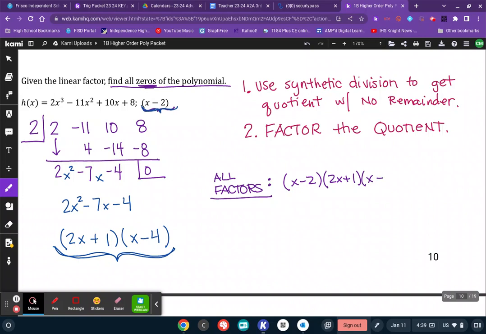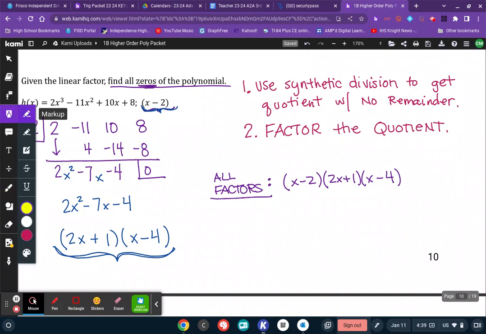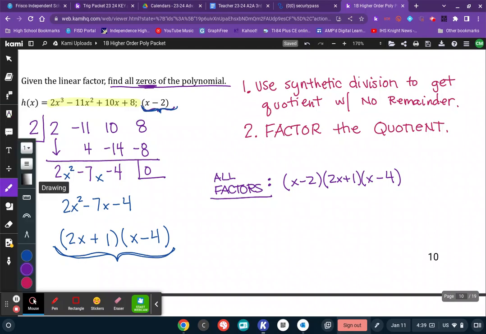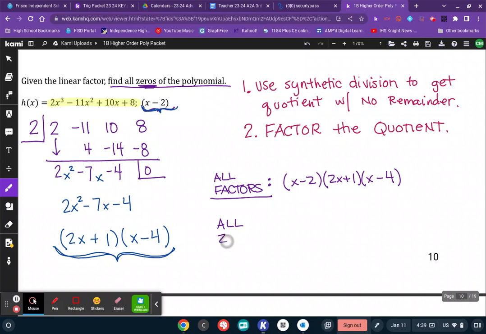And so ultimately I can multiply those three factors together and I should end up with the original polynomial from the very beginning of my problem. So it is possible to check. Once I list all the factors, then I can list all the zeros or all the roots.